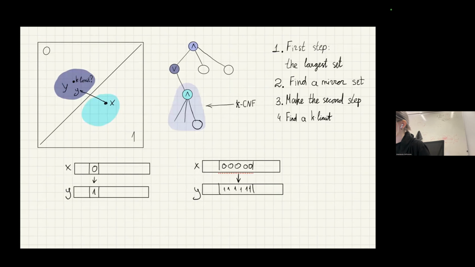I want to stop here at the level of the clauses, for example. So here I have the clause. In some sense, here you need something which is even weaker than unpredictability to say that the circuit makes an error. So, okay, this is a clause.